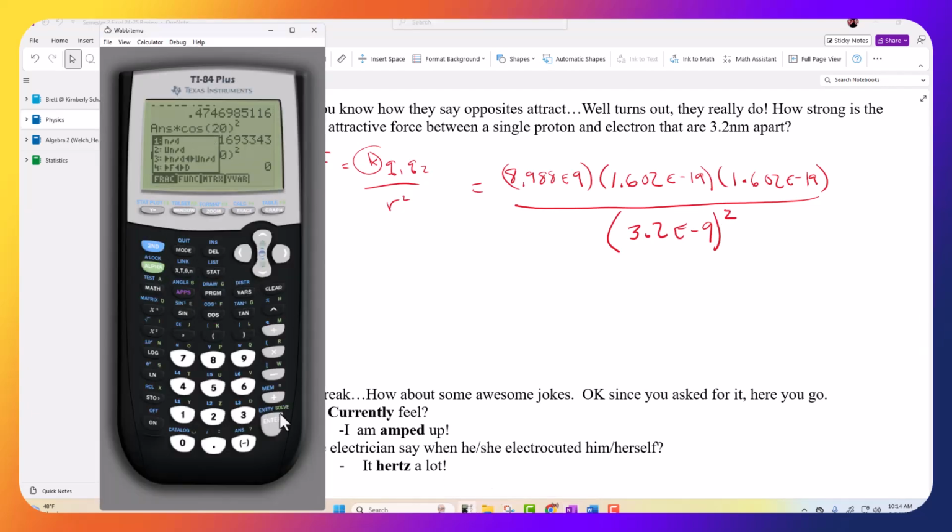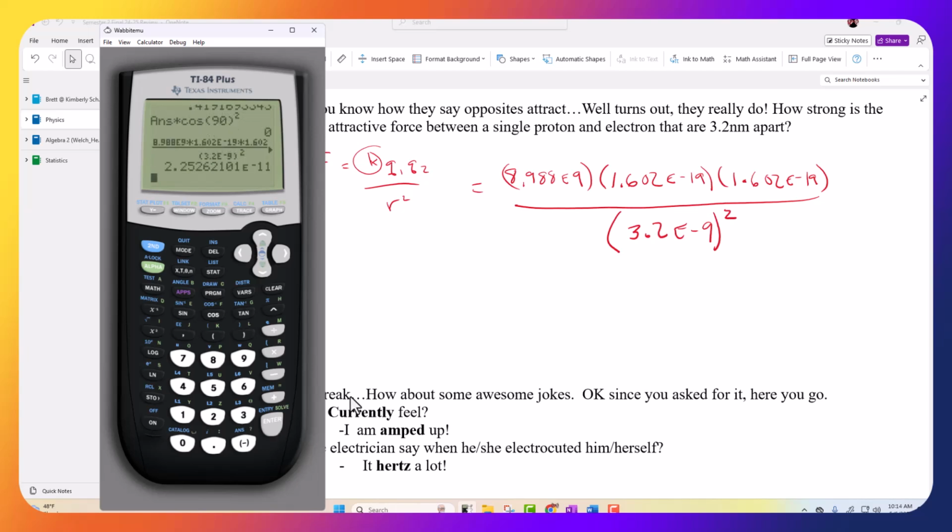I'll even use alpha y equals to make it stack up right. 8.988 E. Is it E9 or E negative? It's E9, isn't it? Yeah. E9. I get all these positives and negatives mixed up. And then I'm going to go 1.602 E negative 19 times 1.602 E negative 19, all divided by, parentheses, 3.2 E negative 9, parentheses, squared.